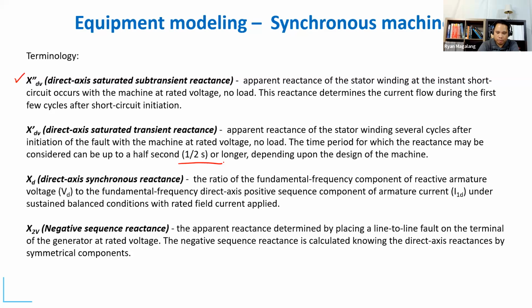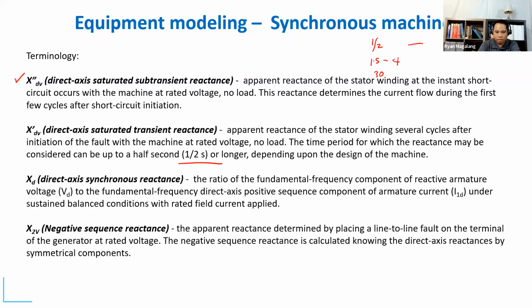you would apply that for your interrupting calculation, which is generally divided into half cycle, 1.5 to 4 cycle, and then 30 cycle. So these are three analyses that normally you'd see in software.